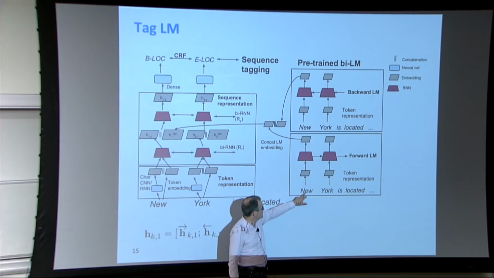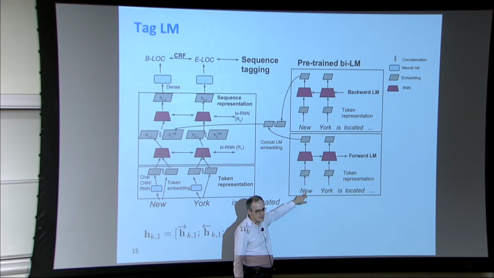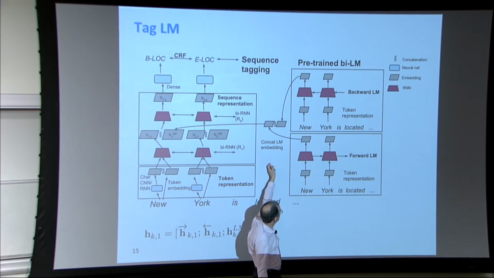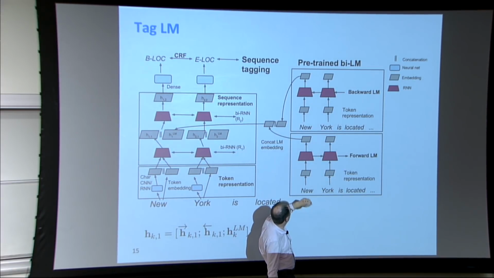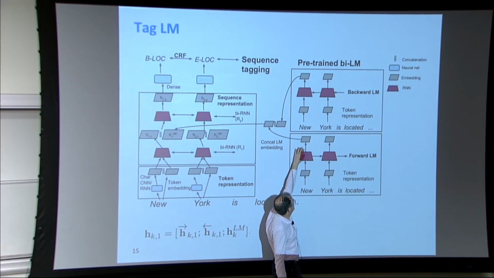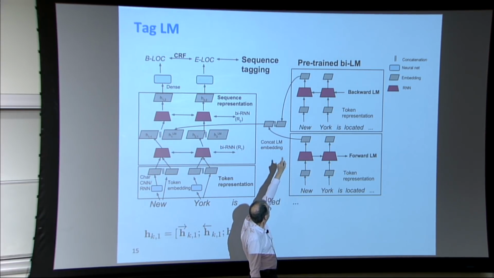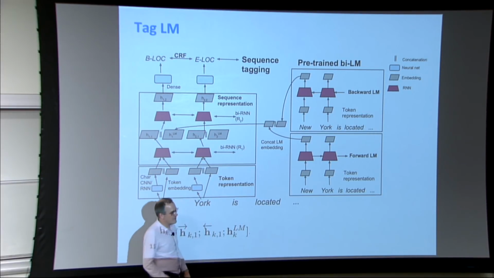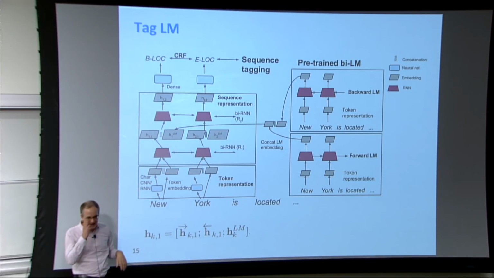So the first thing we do is run New York is located through our separately trained neural language model. We run it through a forward language model and a backward language model, and we get from that a hidden state representation for each word. We concatenate the forward and backward ones, and that gives us a concatenated language model embedding, which we will use as features in our named entity recognizer.